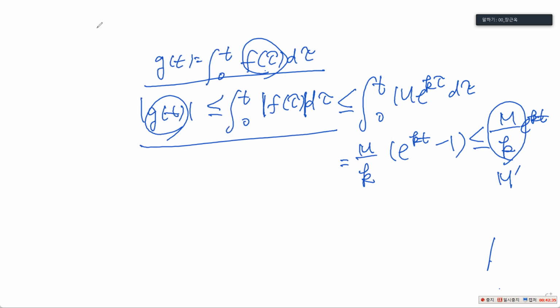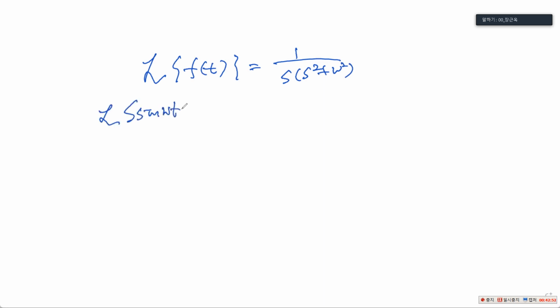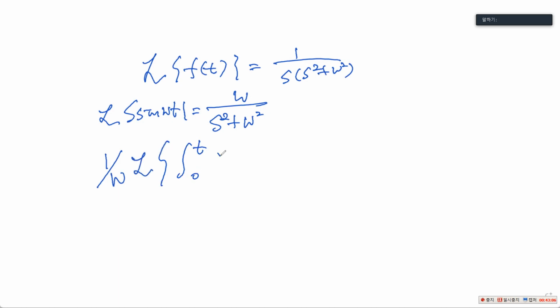Okay, the last example. What is this? To start with, we have the idea that sine omega t is, 1 over omega times the Laplace transformation of sine omega t d tau.